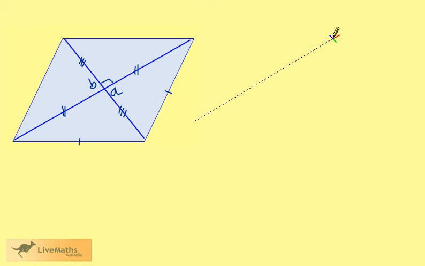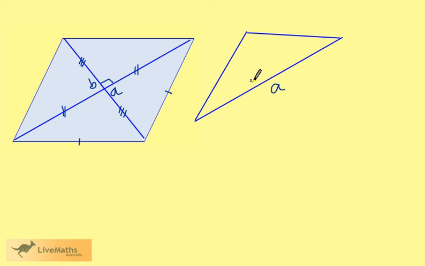Let's just consider the top triangle. This length then would be A, and this length is half of the length of this diagonal, so that's B over 2, or a half B.